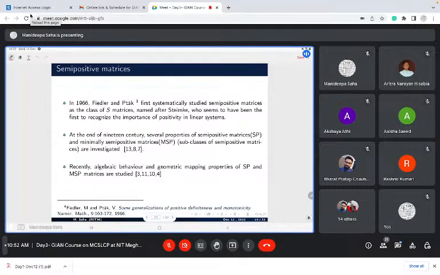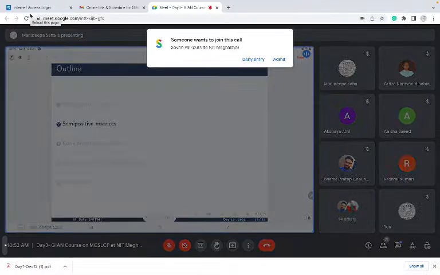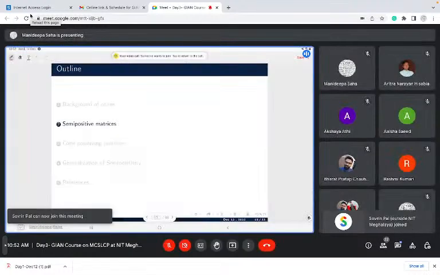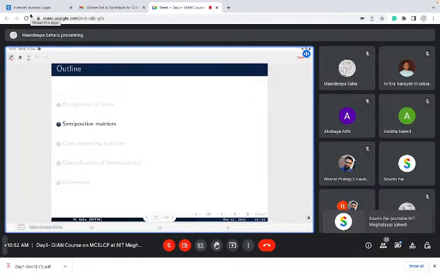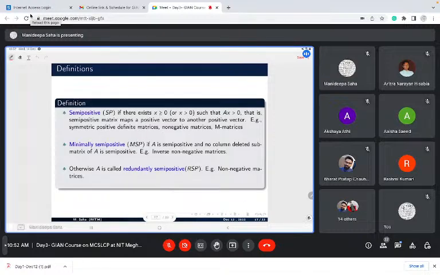Now let us revisit these semi-positive matrices, but we will revisit them in terms of the semi-positive cone. You already know what a semi-positive matrix is. It means that there exists an x greater than 0, or I can consider strictly greater than 0 or greater than or equal to 0, such that Ax is greater than 0.